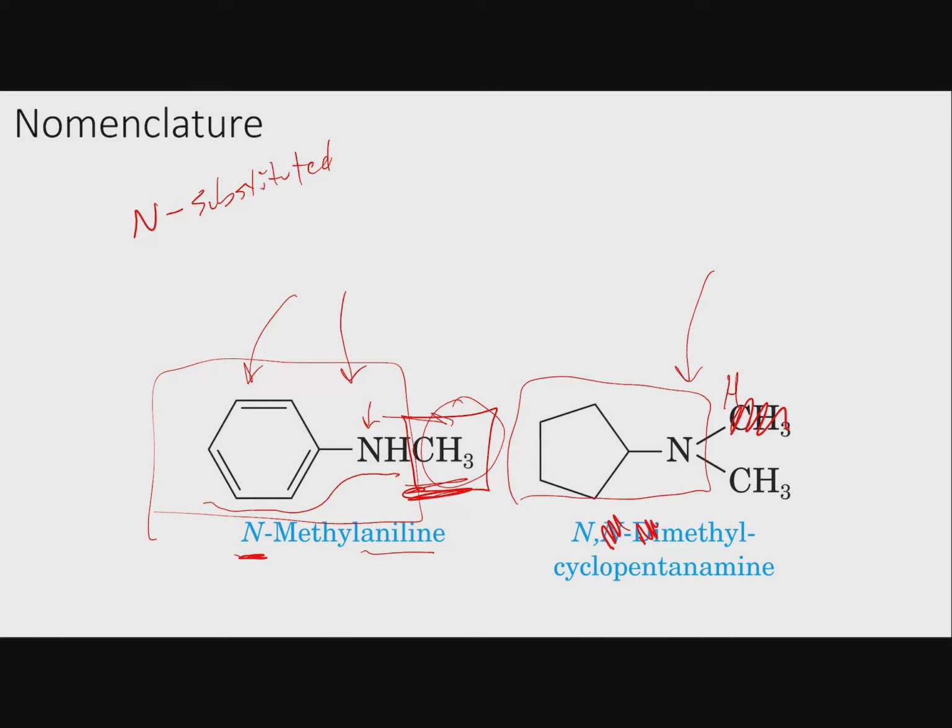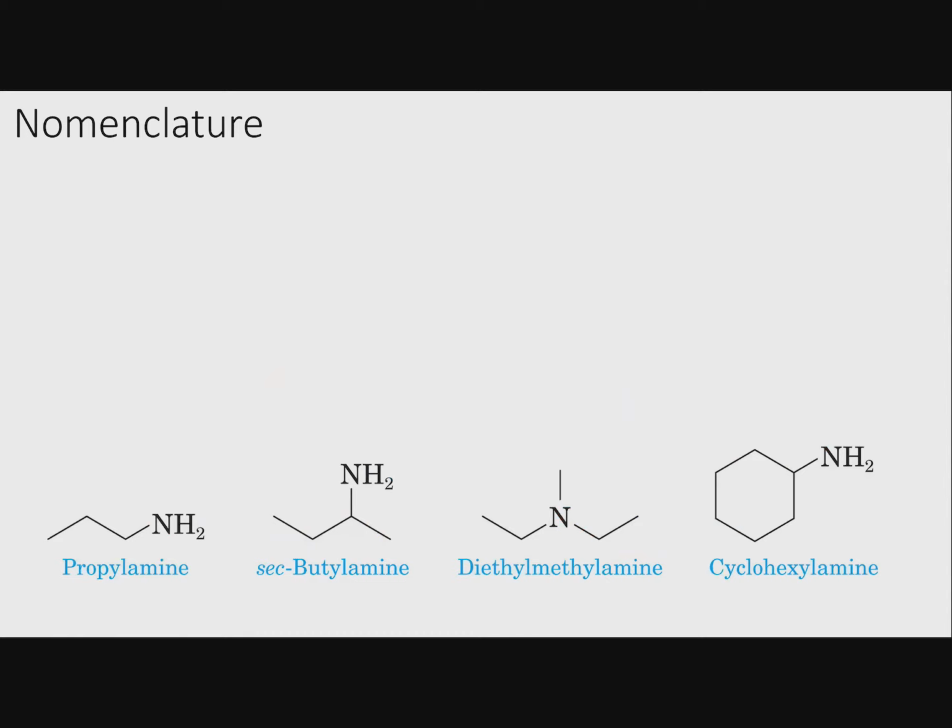Let's see. Do I have any examples that we could do? Let's write IUPAC names for a few other compounds. So let's see. What about something like this? What would the name be? Well, actually, that's funny.